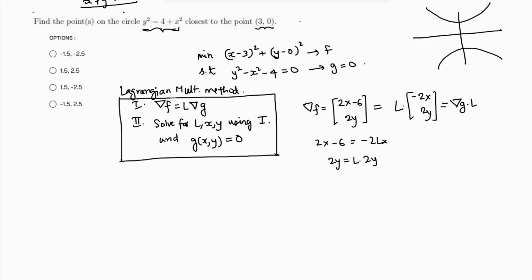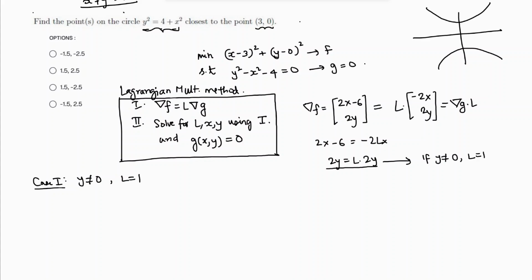So from the second equation, we can say that if y is non-zero, then L will be equal to 1, because we can cancel the two y's, right? So let me take a case. Case 1 is that y is non-zero. If y is non-zero, then we can immediately say that L is equal to 1.